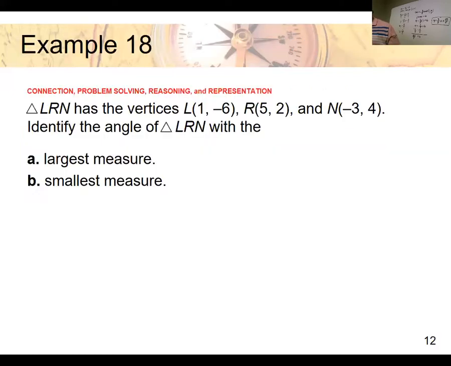Okay, let's see, in this example here we have triangle LRN. We have the vertices where L has the ordered pair (1, -6), R has the ordered pair (5, 2), and N has the ordered pair (-3, 4). And we want to identify the angle of triangle LRN with the largest measure and the smallest measure.